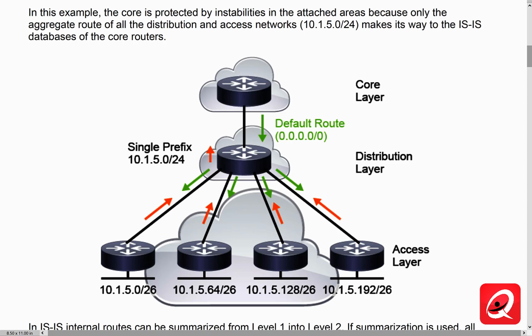All of the routers in the area should be summarizing. Internal routes, again, cannot be summarized. Summarization on the core to the distribution and access is basically just a default route, because that's the only way that we can get to the rest of those destinations that are off the core. We can also summarize in other directions, but we always have to follow that rule, L1 to L2.